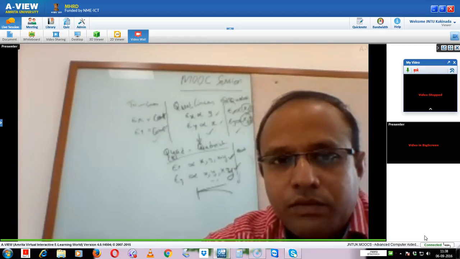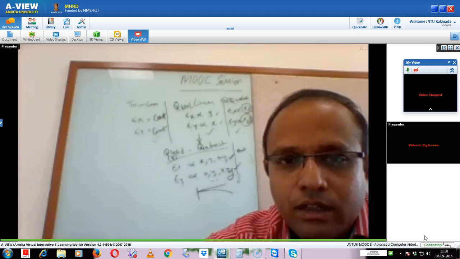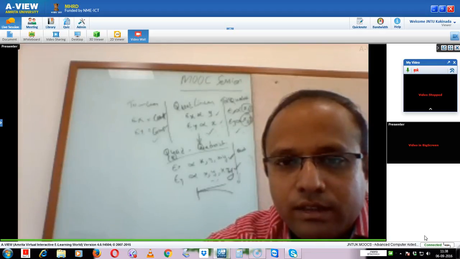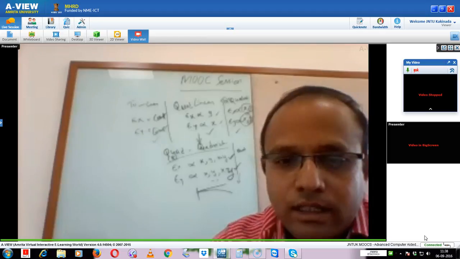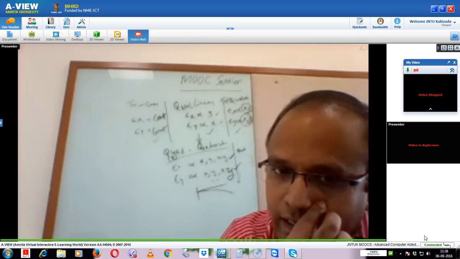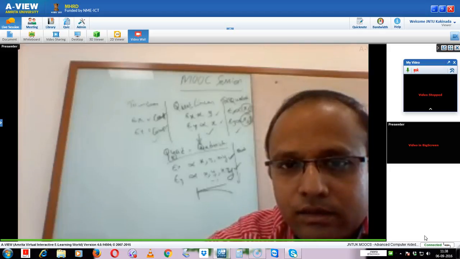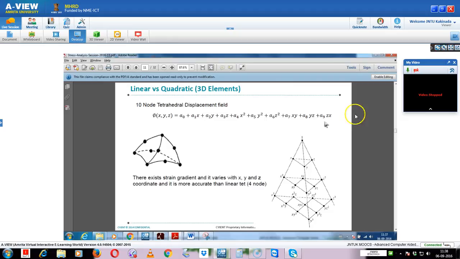When you differentiate with respect to x, we get a1, then a4, 2a4x, then a7y, then a9z. So there exists a strain gradient here, and the strain varies along x direction, y direction, and z direction.